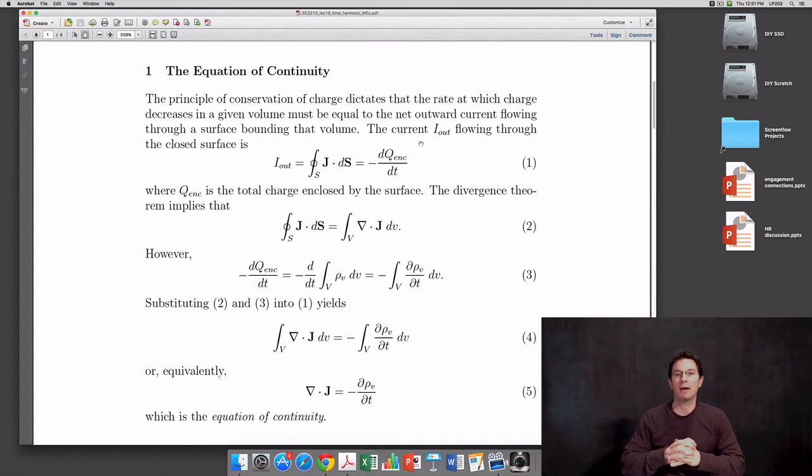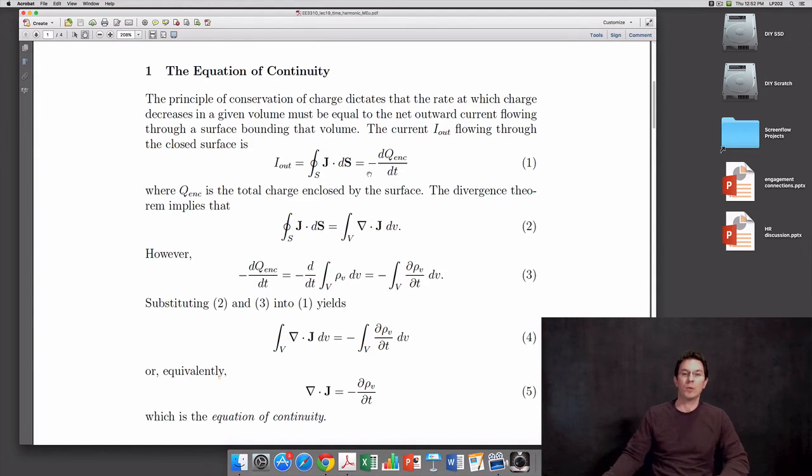It makes a certain amount of sense if you think about it from this perspective. Obviously, a current is simply moving charge, and so if current is leaving a particular volume by passing through a particular surface bounding that volume, then the total charge inside that surface has to be decreasing.